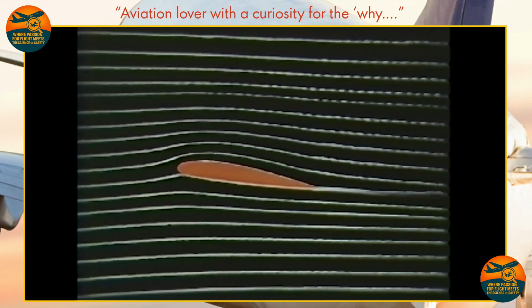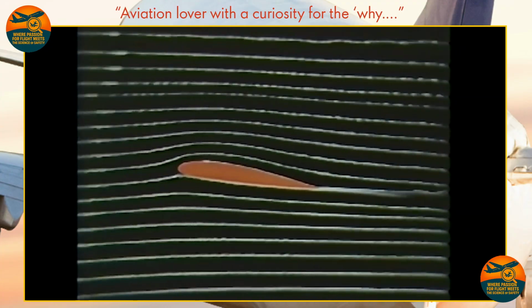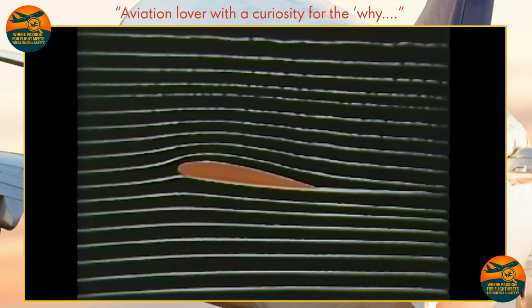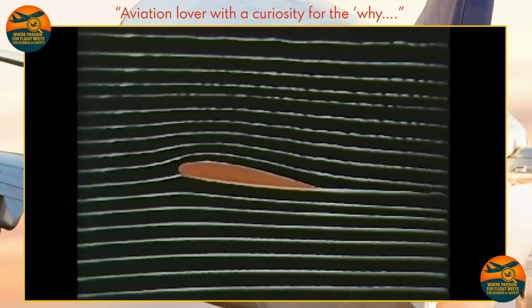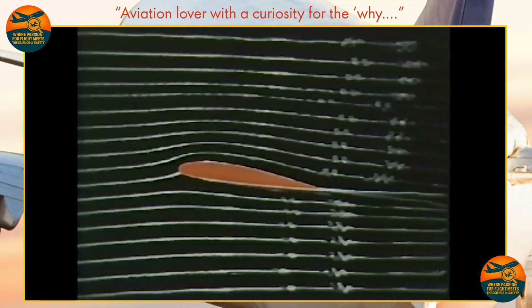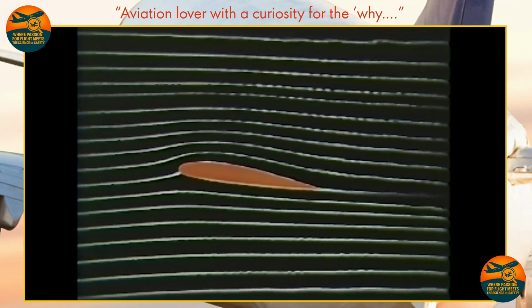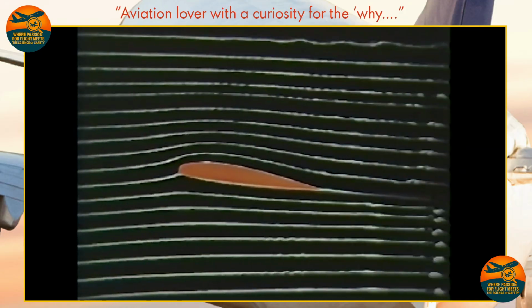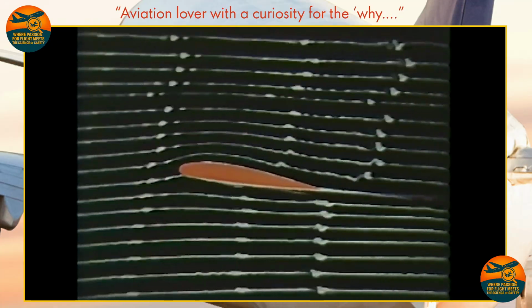Here is the airflow again, this time in slow motion and with an irregular smoke flow. Notice how the smoke accelerates as it moves over the upper surface of the wing, while the smoke flow below the wing tends to slow down. This is just what happens in flight, and it is this phenomenon that causes the wing to lift.